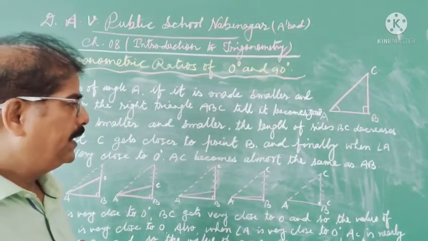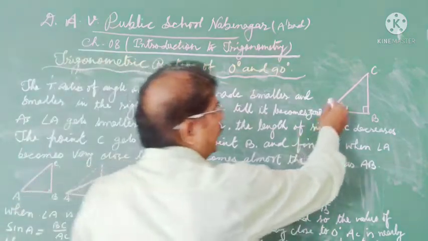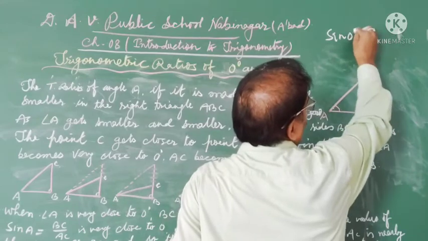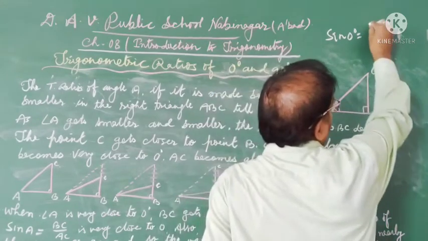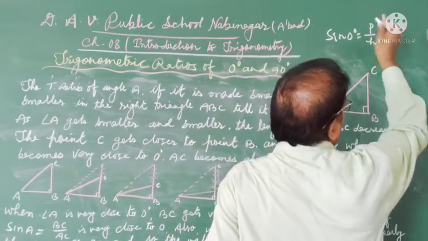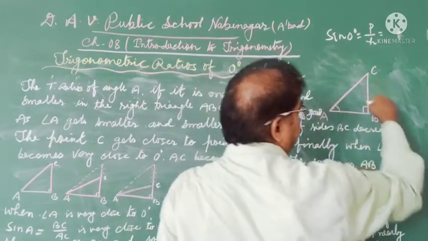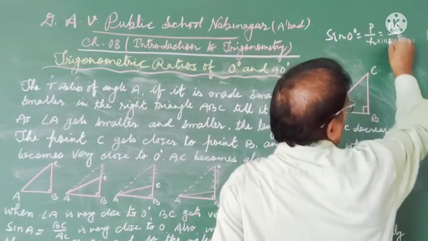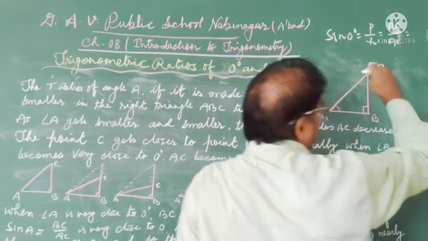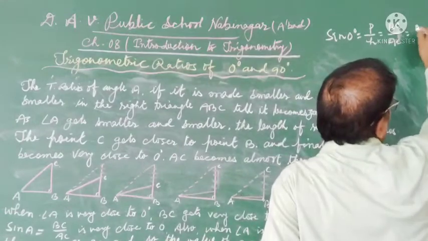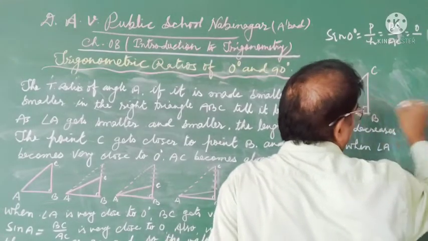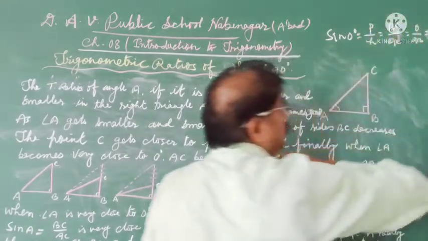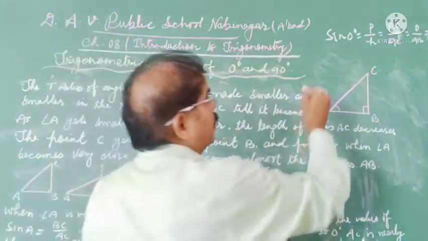So finally, sin 0 degree, that means sin of angle A equal to P by H, and P is equal to BC and H is equal to AC. So BC is close to 0 and AC coincides with AB, so 0 by AB is equal to 0.